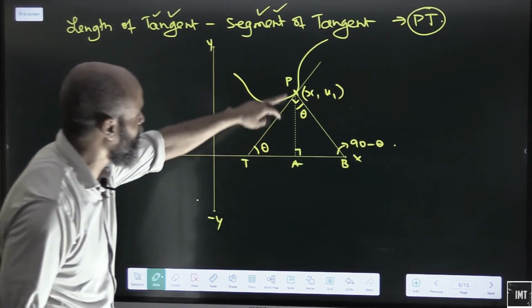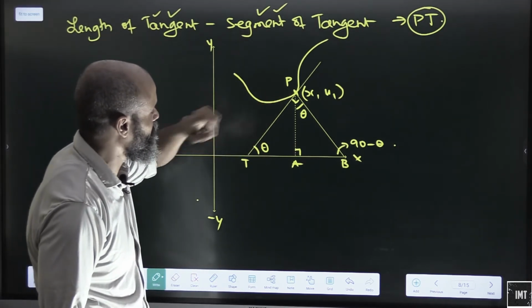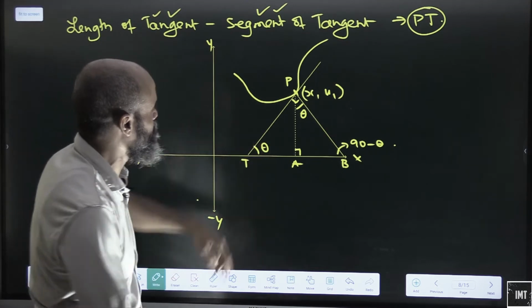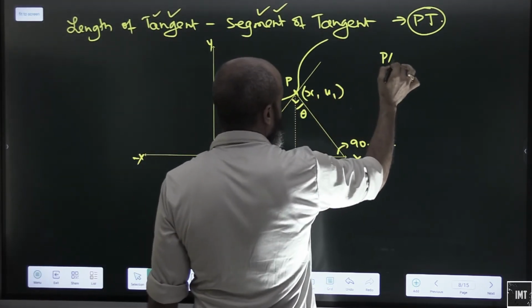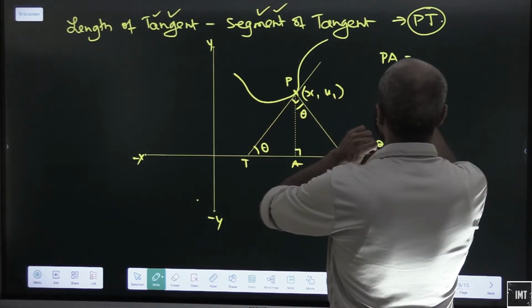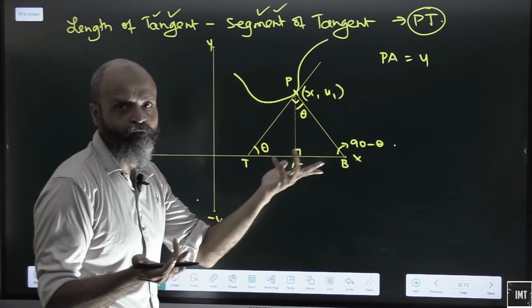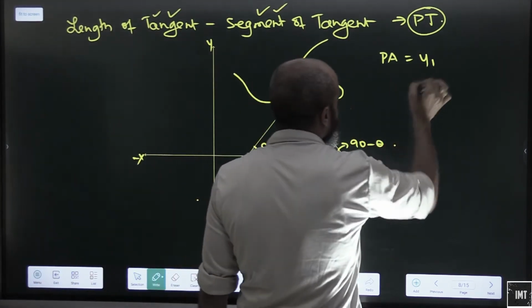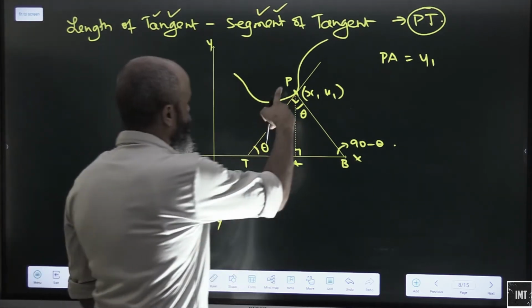In order to find out PT, I will have to find out PA. The value of PA will be y1. So what will be the value of PT?